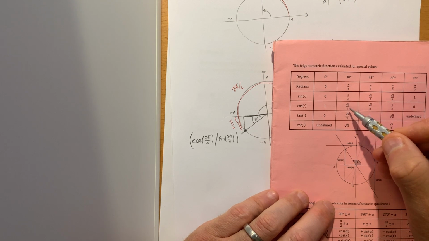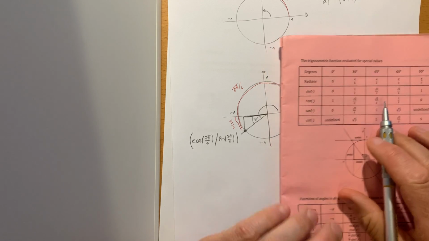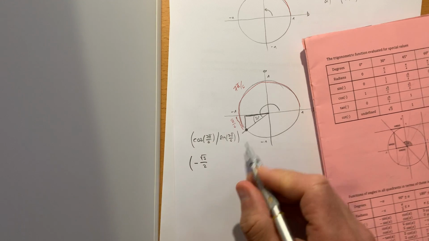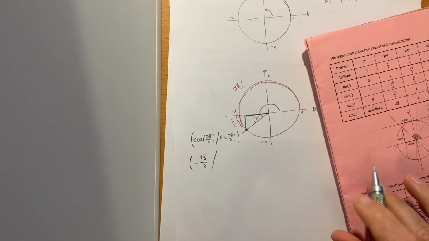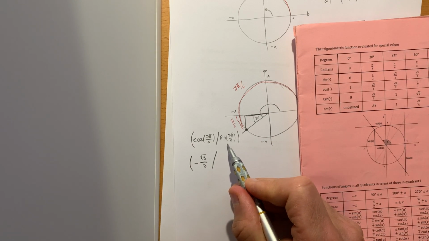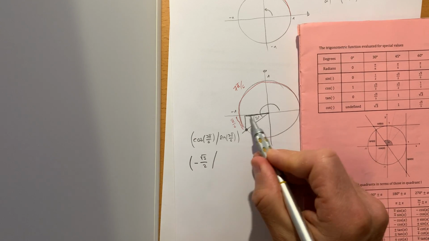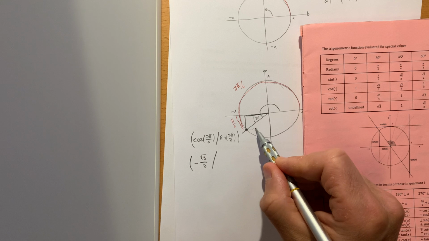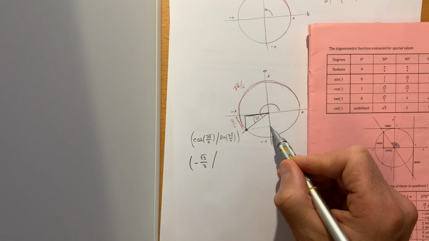Cosine of pi over 6 is in fact the square root of 3 over 2, but negative because it's in the third quadrant. And sine of 7 pi over 6, you can already see it with the drawing as a visual help, will be minus 1/2.